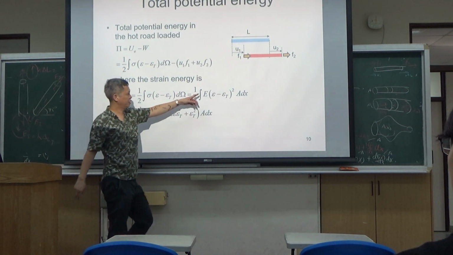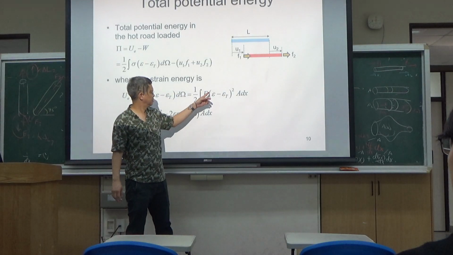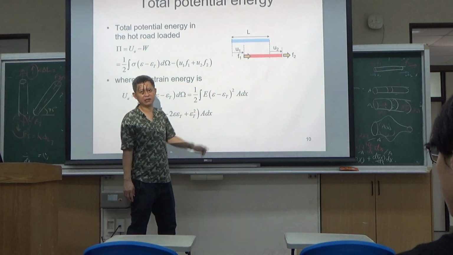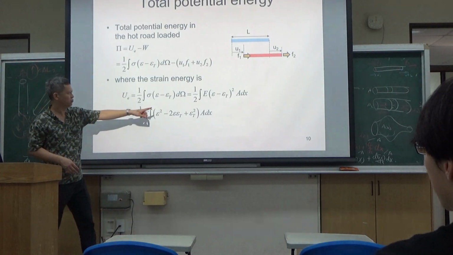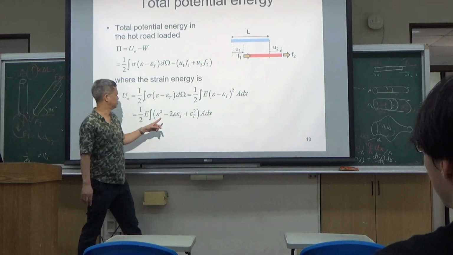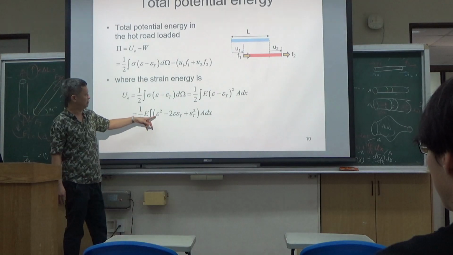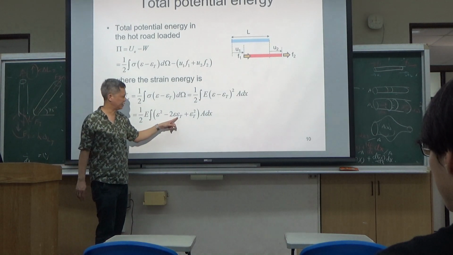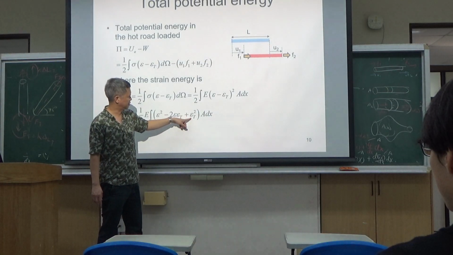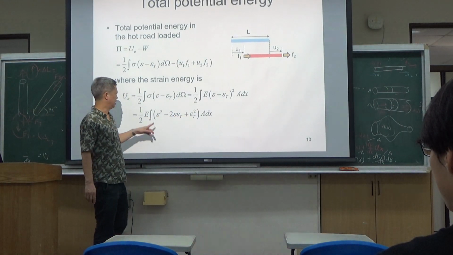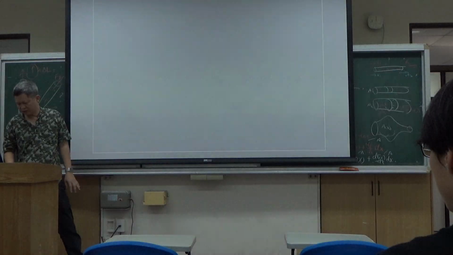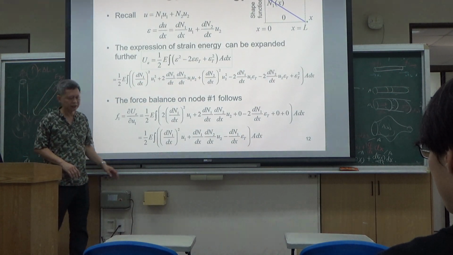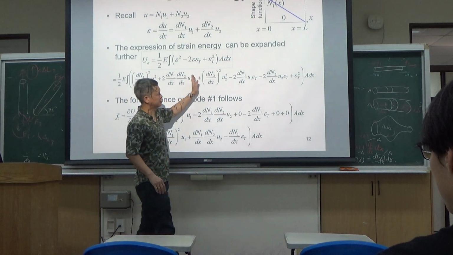It must be Young modulus times net mechanical strain, which is total strain minus the induced strain. Okay, if you now do the expansion of the strain energy, you have the total strain square minus 2 times the total strain and thermal strain plus the thermally induced strain square. If you're now doing the integration of this expression, you can have expansion of this.